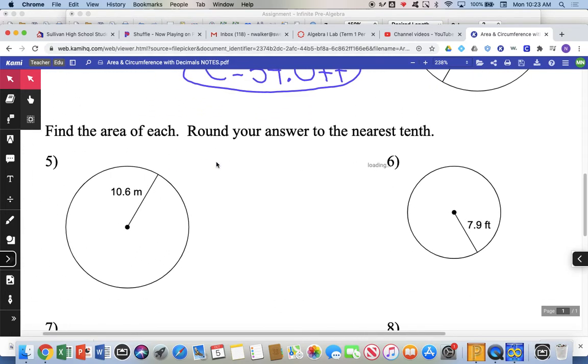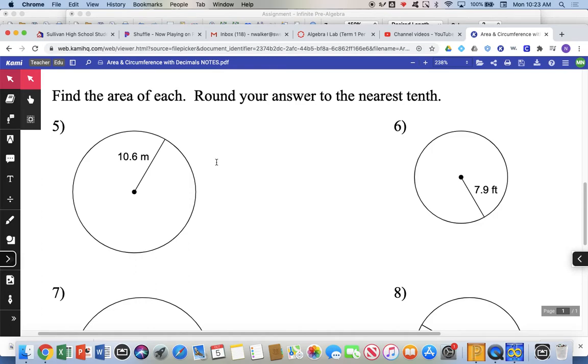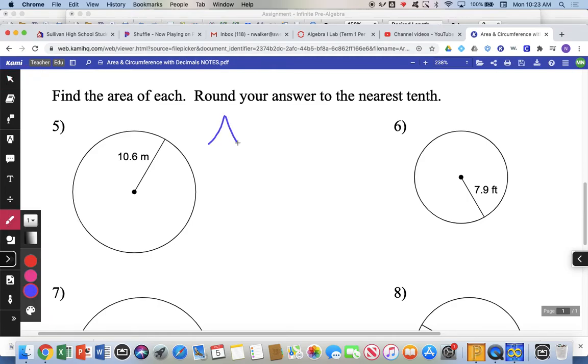Okay, so we are finding the area on these two. Same rounding instructions, but what's the formula for area? Pi r squared.